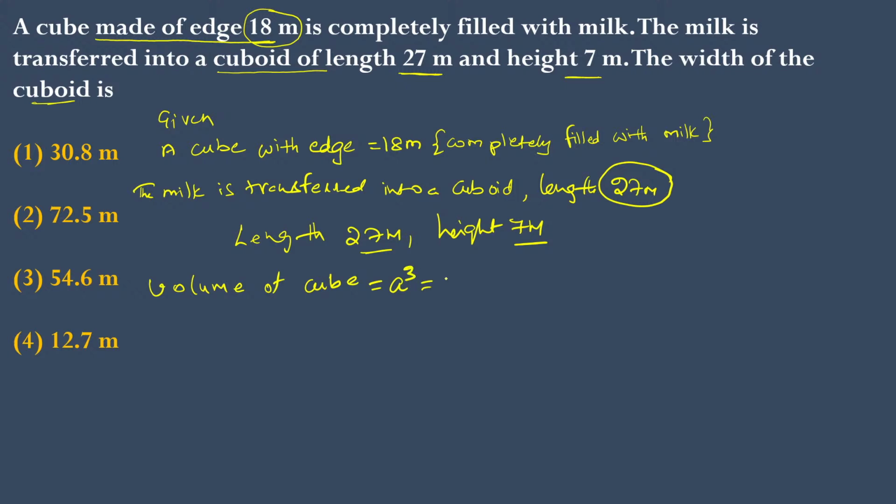The side of the cube is 18 meters, so 18 cube. We have already discussed and uploaded a video on how to find squares, cubes, square roots and cube roots. So we need to find 18 cube.